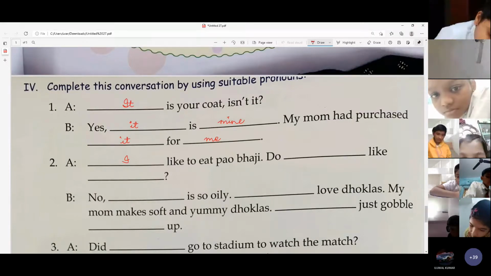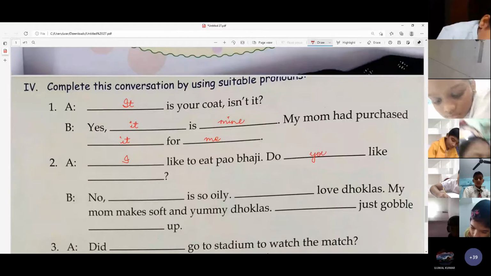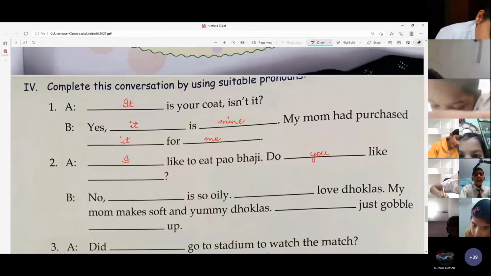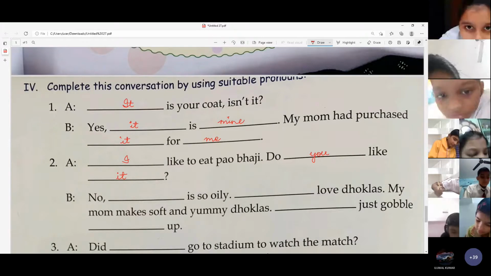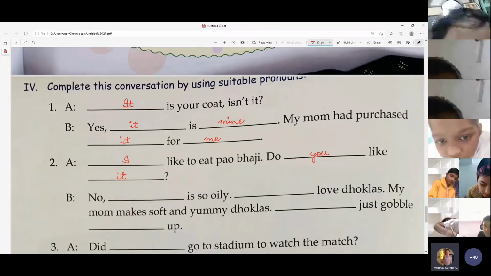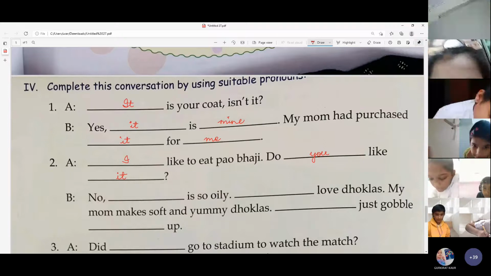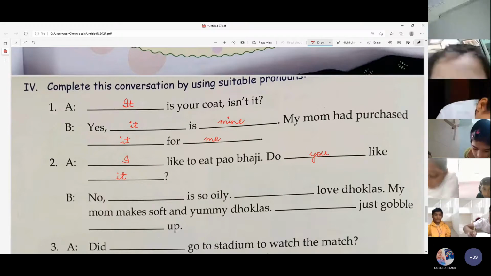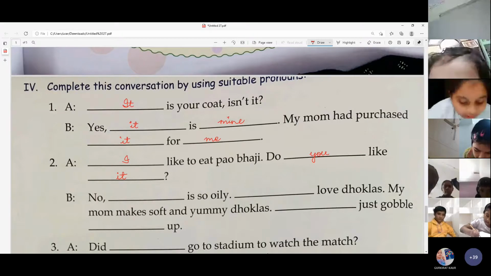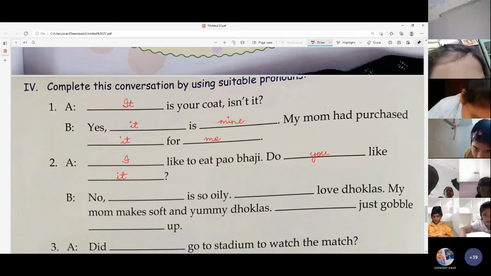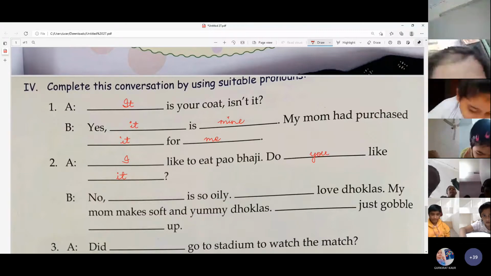Do you like it? Ma'am, no, I like it. Somebody said pav bhaji. You will not write pav bhaji again. There will be pronouns. Please be quiet.